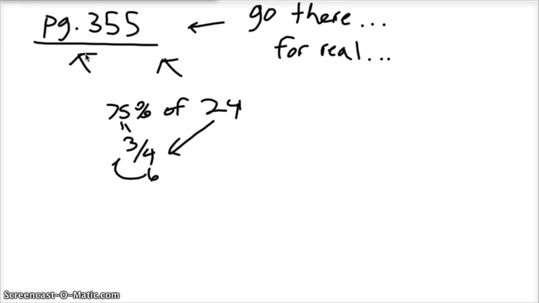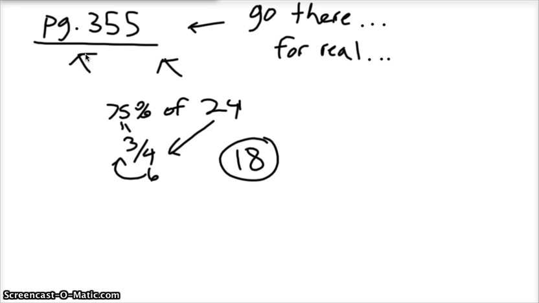Then take that number and multiply it by the numerator. So you would get 3 times 6, which is 18. And that is how you would find your answer. It is 18. It's 3/4 of the way there. 18 is similar to 3/4 when you compare 18 out of 24. So that's the mental math: 18 is 75% of 24.